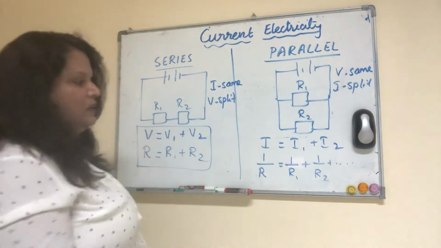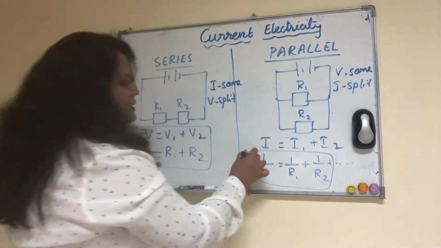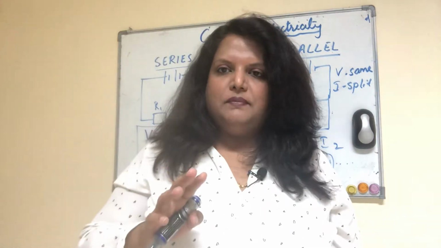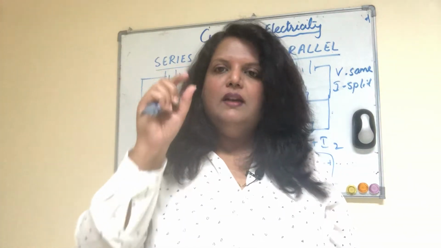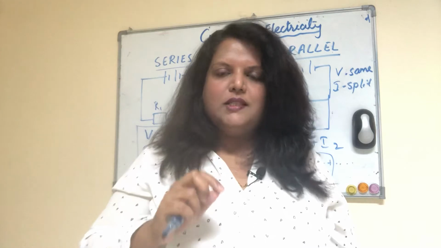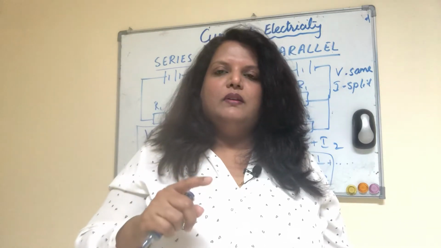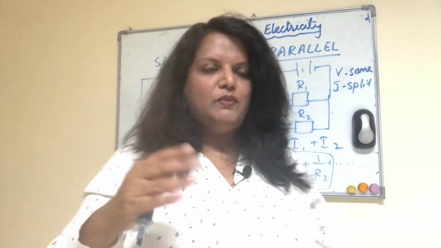But there's one alternative formula to remember instead of this, because mostly you will be handling 2 resistors in parallel. If there are more than 2 resistors, you must continue with the formula with fractions. But if you have 2 resistors, there is a simpler formula. Not only simpler, you will also avoid mistakes. Those of you who have already practiced questions may understand.